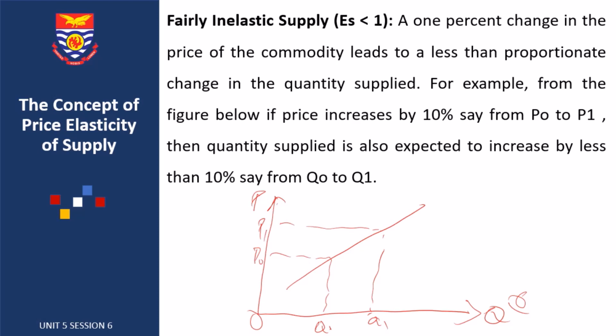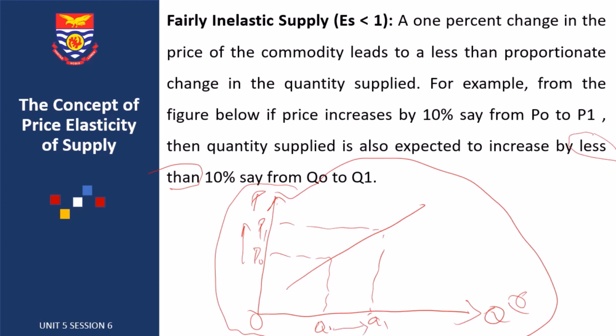A 1% change in the price of the commodity leads to a less than proportionate change in the quantity supplied. From this diagram, if price increases by 10%, say from P0 to P1, the quantity supplied is expected to increase by less than, the keyword is less than, 10%, from Q0 to Q1.